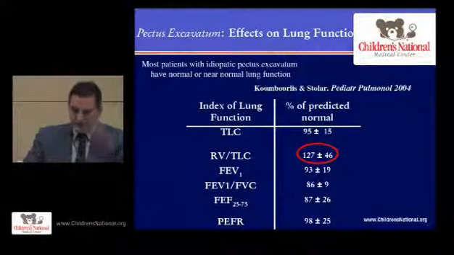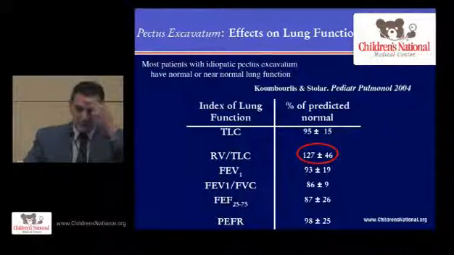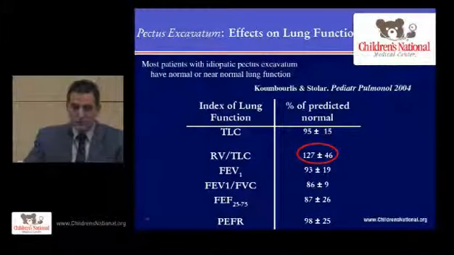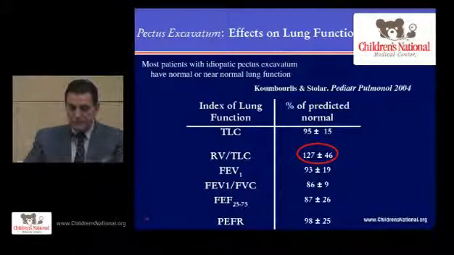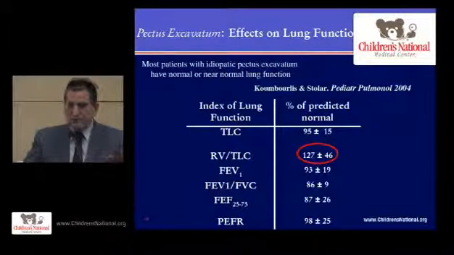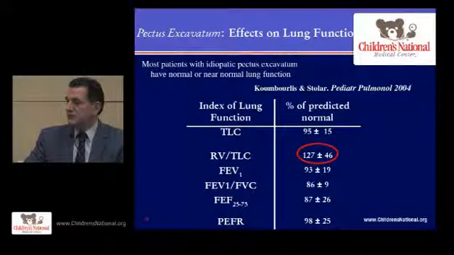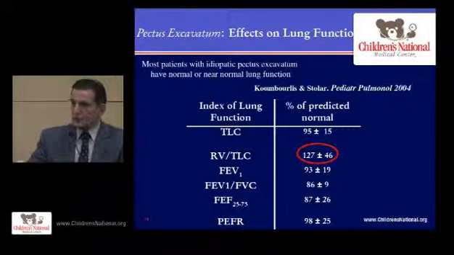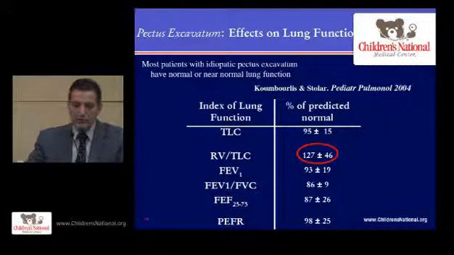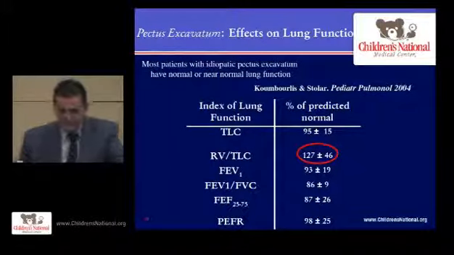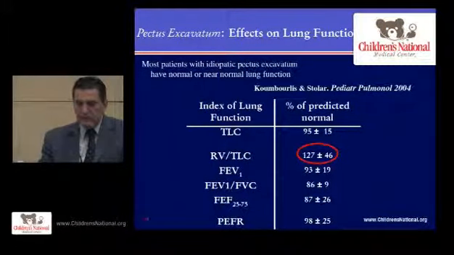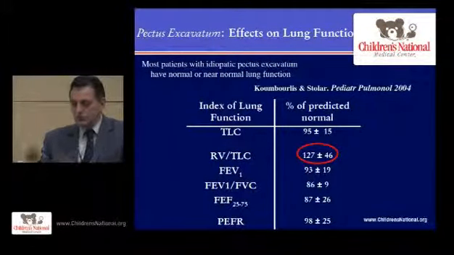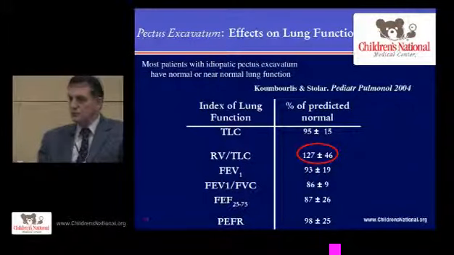This is from a study that we did with a colleague of mine at Columbia University, and it's about 100-something teenagers, primarily with idiopathic pectus, no other diseases or abnormalities. Essentially, the total lung capacity for the group was 95% of the normal.